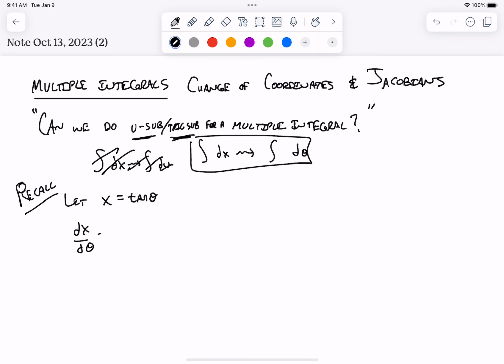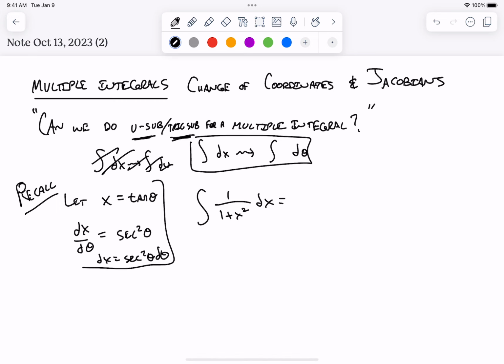You would take a derivative and get secant squared, and then you could apply this change of coordinates to your integral, once you knew that dx was secant squared theta d theta. Say you wanted to take an antiderivative: you get 1 plus tangent squared theta, and then dx becomes secant squared theta d theta.